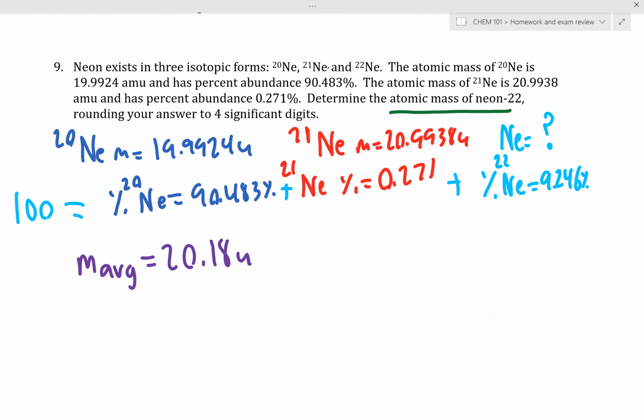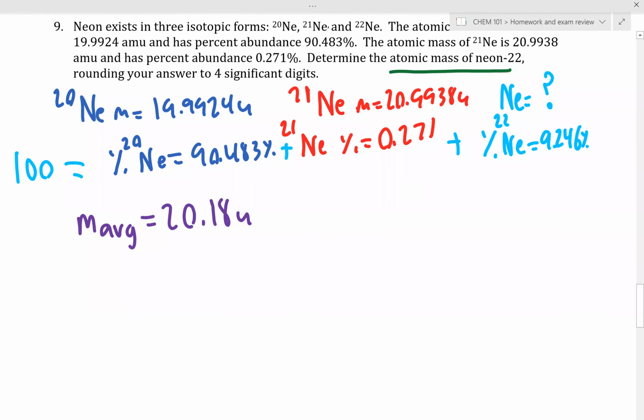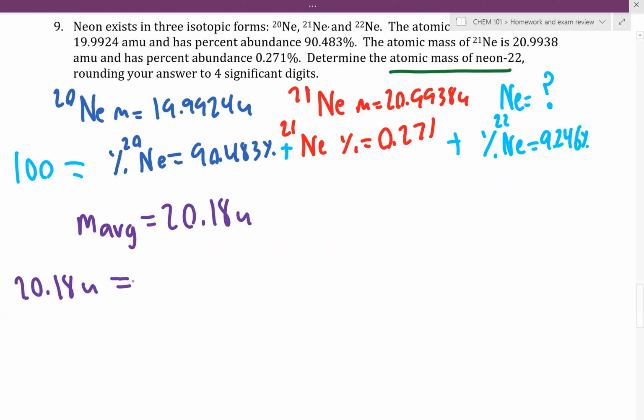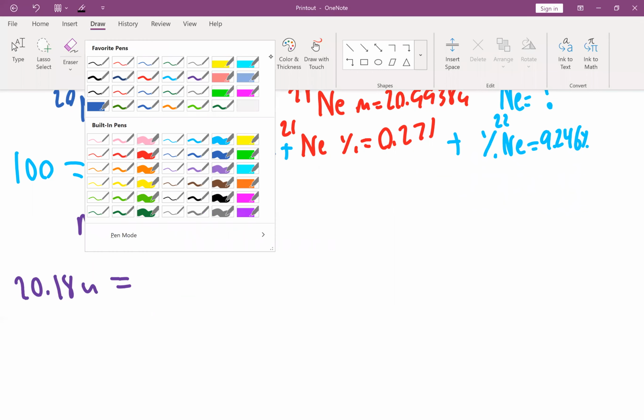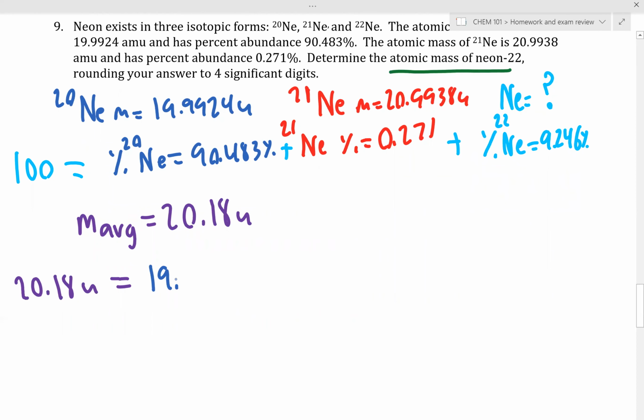Okay, we're next going to write out our average atomic mass equation. So our average atomic mass, which is 20.18 AMU, is equal to the mass of isotope 1, which is 19.9924 AMU, times the percentage, which is 90.483%, divided by 100.